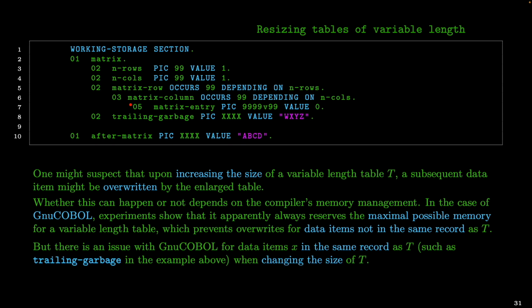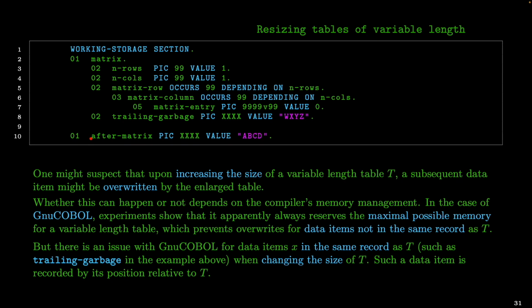But oddly enough, trailing garbage can be affected by resizing our matrix. So if we have a data item, let's say x, which could be trailing garbage in the example, and x is in the same record as our variable length table t, then it can be affected by changing the size of t. Because such a data item, x or trailing garbage here, is located by its position relative to t.